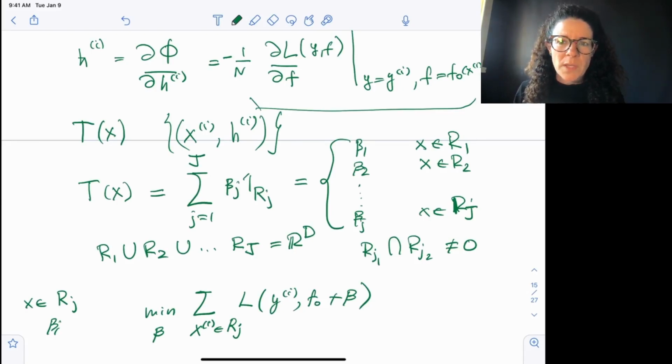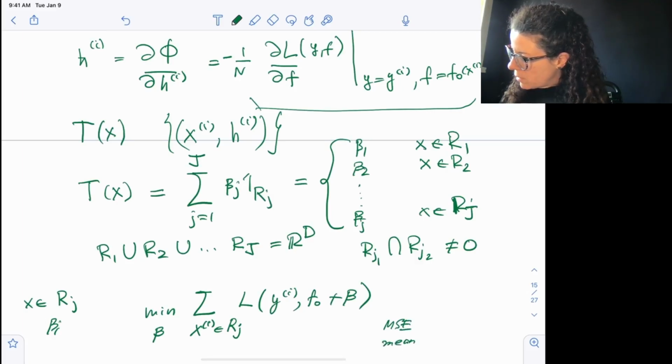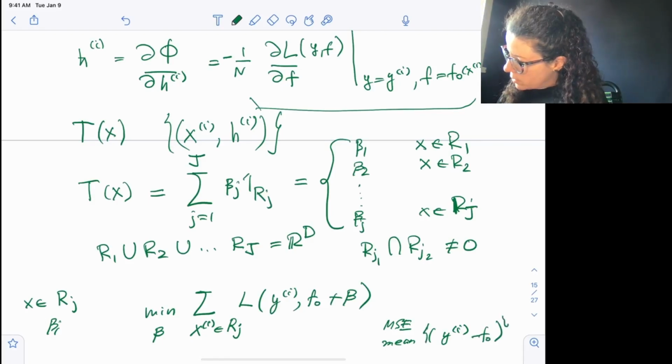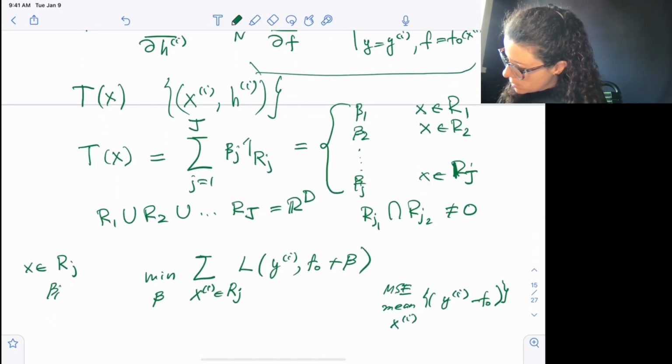And in many cases we know how to do that, right? In the case of MSE, we are basically going to take the mean of yi minus f0 over xi in Rj, right?